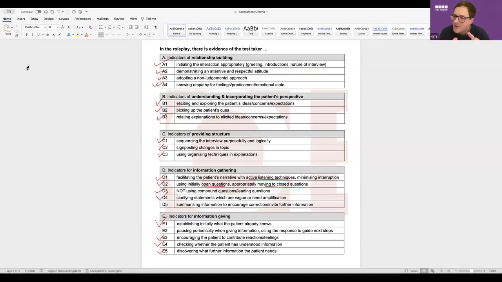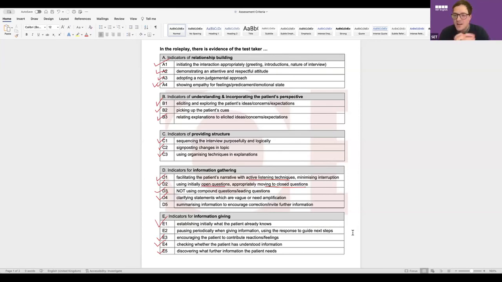And I think it's really interesting seeing this today. I think a lot of students think about the criteria as separate entities, like I need to do this criteria and this criteria. But actually the best speakers for OET combine these things together. Some of these things work in collaboration with each other. For example, here where we're using organizing techniques, chunking, that's definitely connected to things like pausing periodically when giving information, using the response to guide next steps.